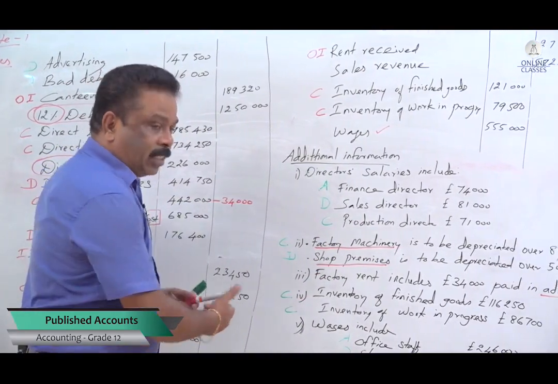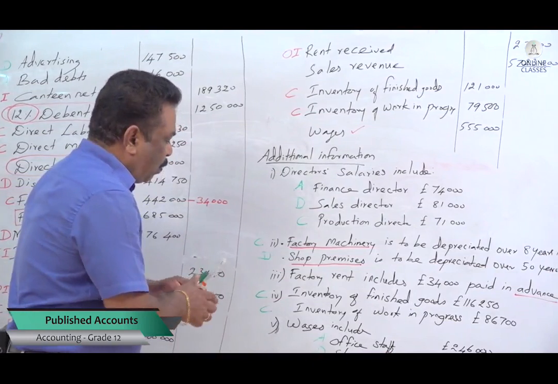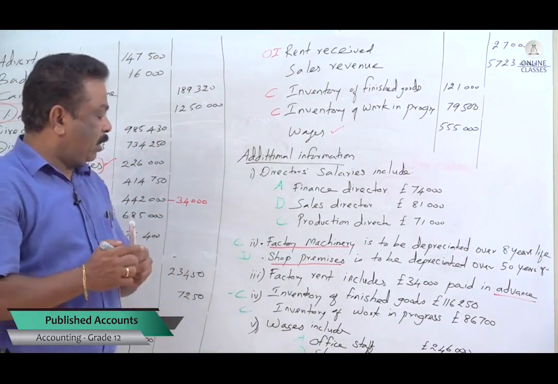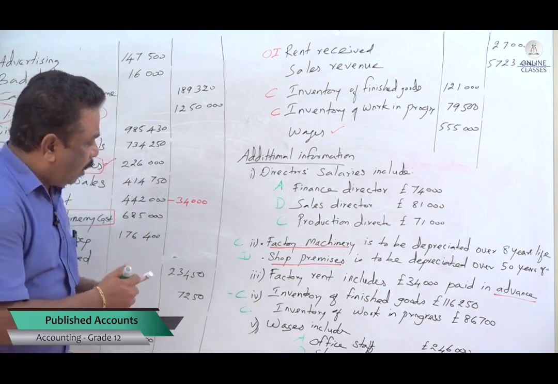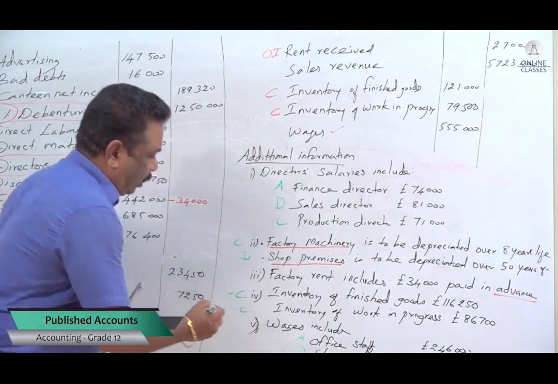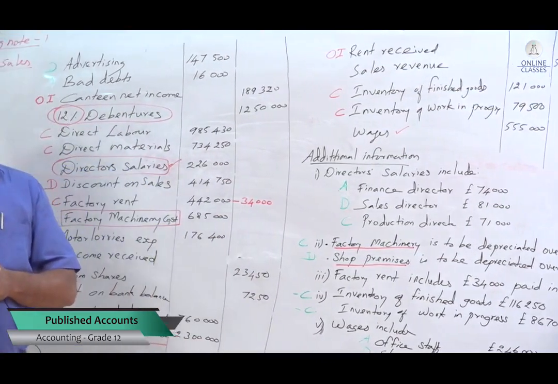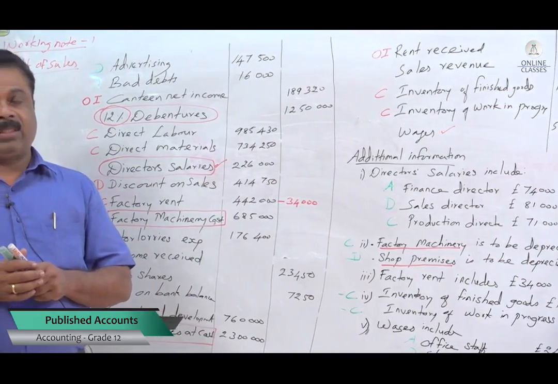Since it's a closing inventory, you should minus it. So better you just put here minus. So minus the inventory of finished goods, again minus inventory of work in progress. That's it. Then when you total it, you will get the answer called total cost of sales.